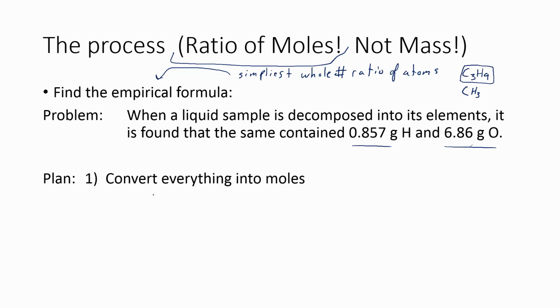So how do we do that? Well, we use the periodic table. 1.01 grams of hydrogen for every 1 mole. And of course, you see what I'm doing wrong here right away. I'm putting this the wrong direction.